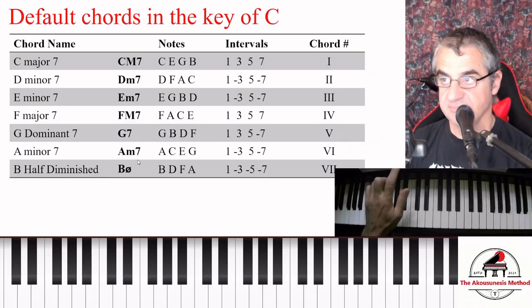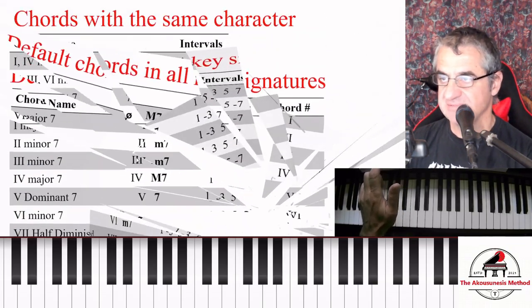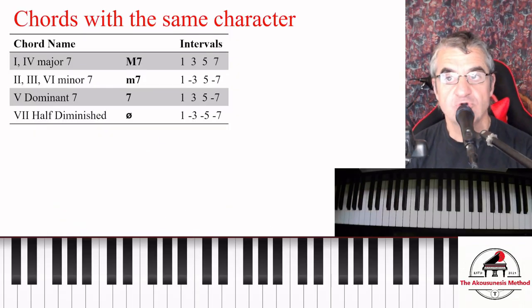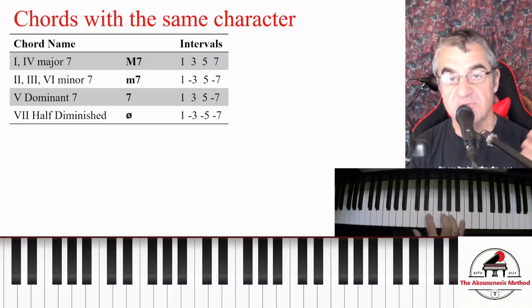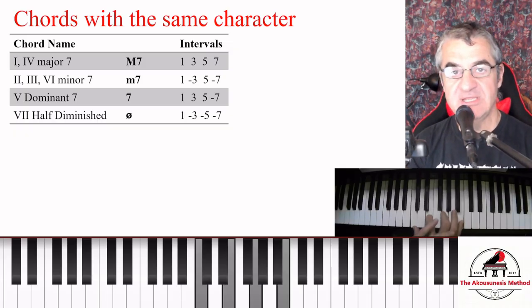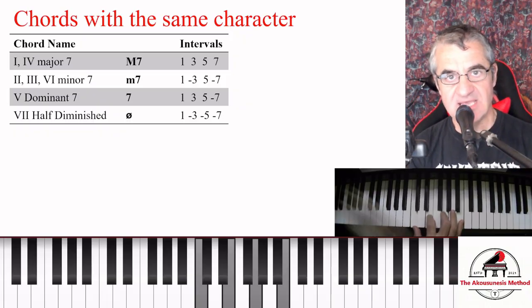So let's just go on to the next slide. That's the same slide. So we've only learned 4 chords today. That's it. But they're the most important chords, and they're 7th chords. And by knowing these 4 chords, it's very easy to make any other chord.